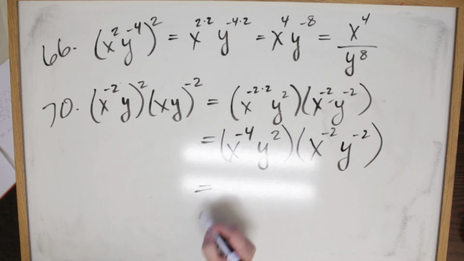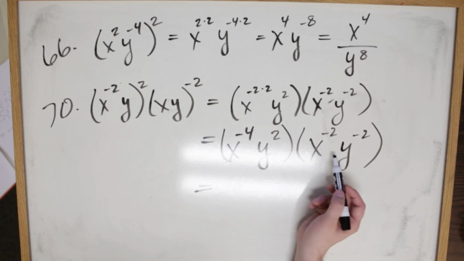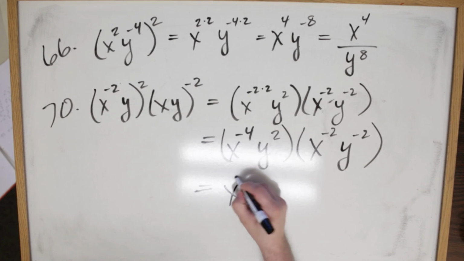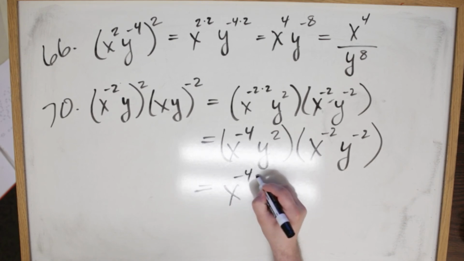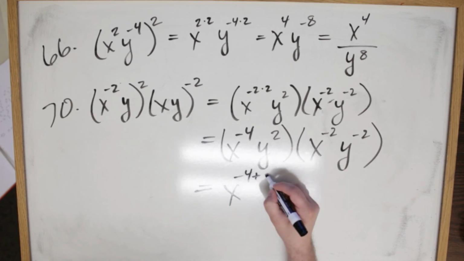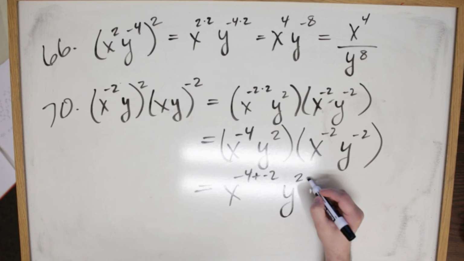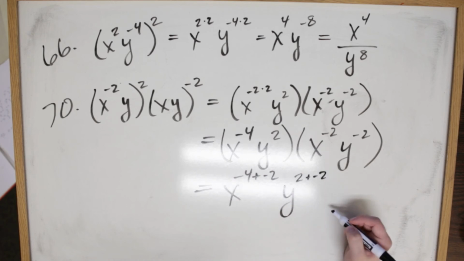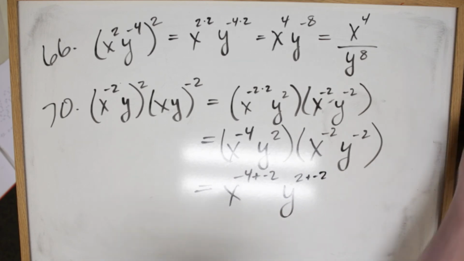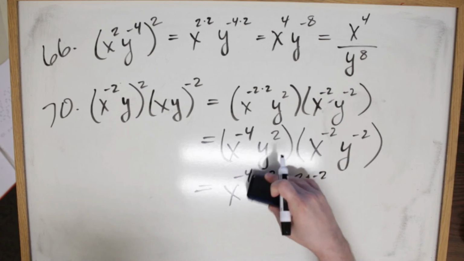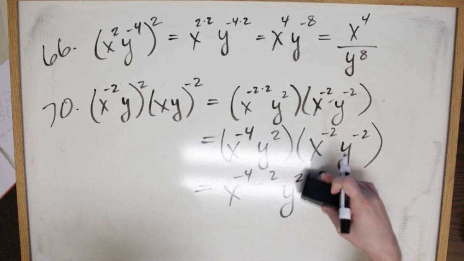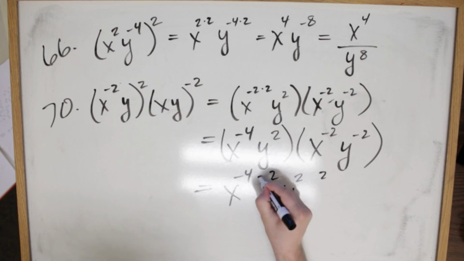So this becomes, well, now we are multiplying, so let's just do them in order. x to the minus 4 plus a minus 2. Okay? y to the 2 plus a minus 2. Or instead of plus and minus, we can just subtract, because it's the same thing. So this is going to be a minus 2, this is going to be a minus 2.